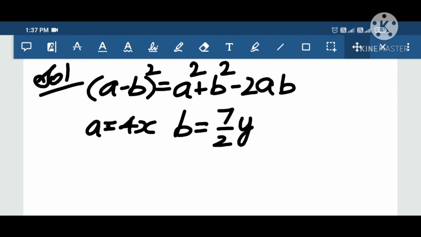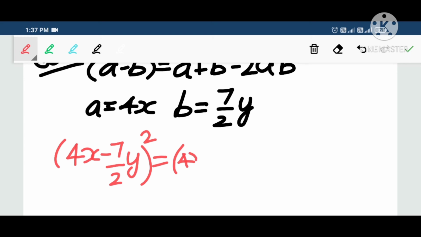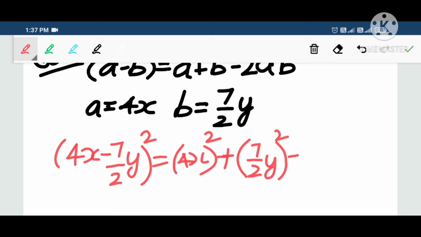So here I take the value: 4x minus 7 by 2y the whole square is equal to a square, and a square is nothing but 4x whole square, plus b square, which is 7 by 2y whole square, minus 2 into a into b.